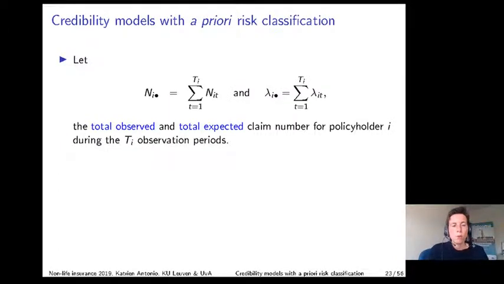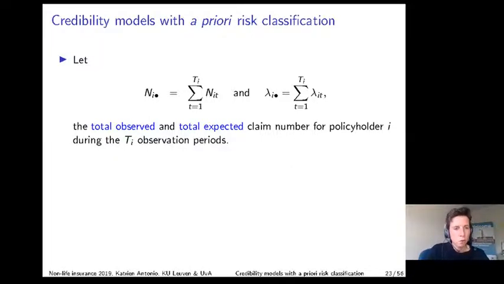So we will now work through some basic calculations within our Poisson credibility model. Let N_i• be the total observed number of claims on policyholder i, and lambda_i• be the total expected number of claims for policyholder i during the T_i observation periods.